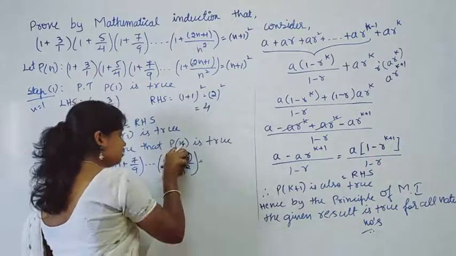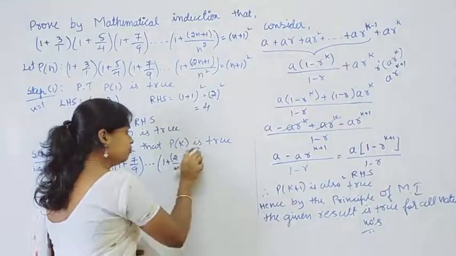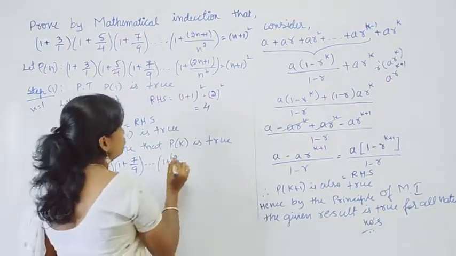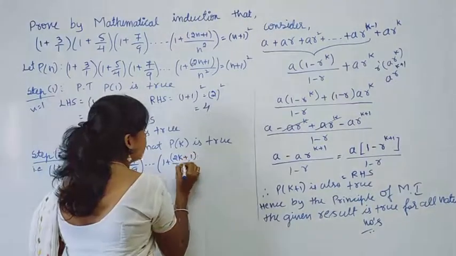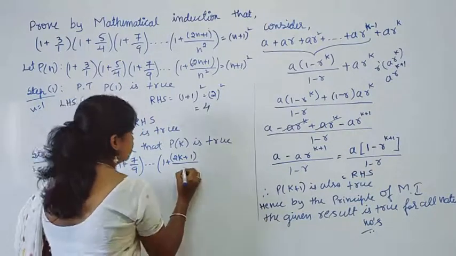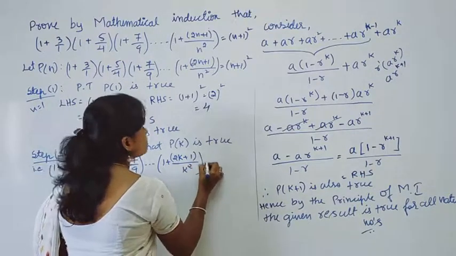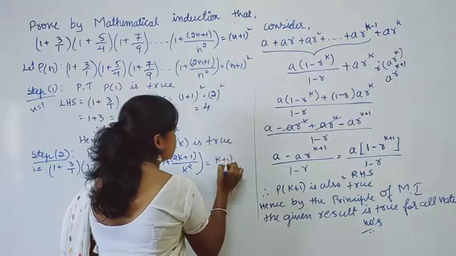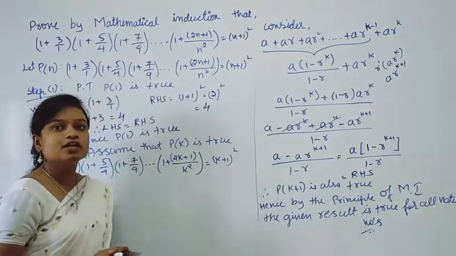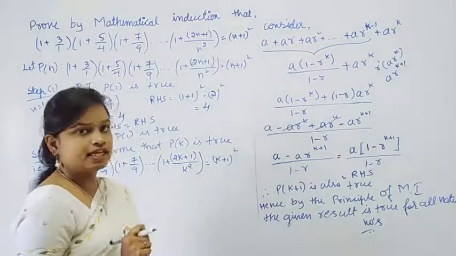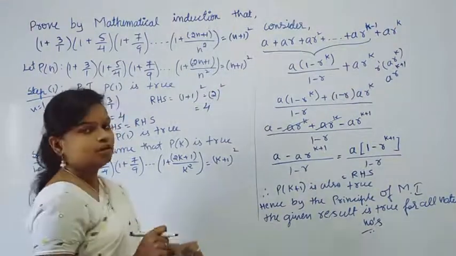Here this is P(k), so we have to replace n by k. This is our P(k). We have to assume that this statement is true.